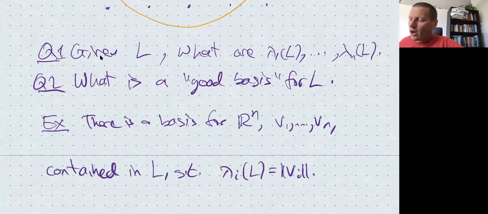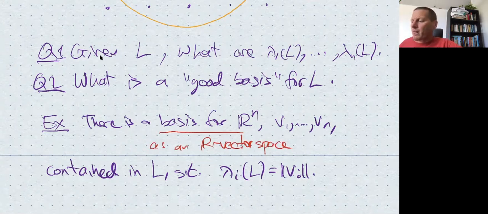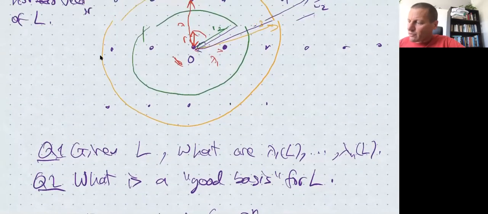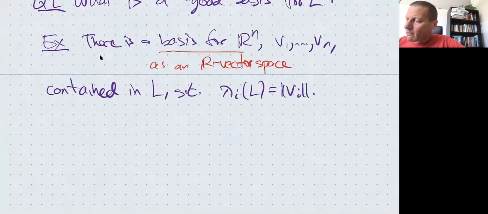So in other words, you can always choose n elements of your lattice which form a basis for Rn, but note that this is a basis as a real vector space and not a basis as a lattice. And they are realizing these successive minima. In this example, that would be again these two vectors here. This vector would be the first one, and this vector would be the second one.